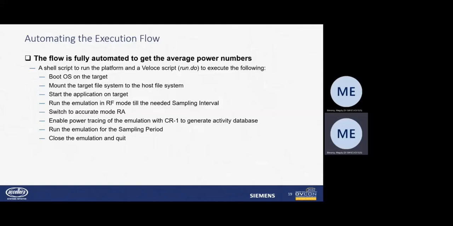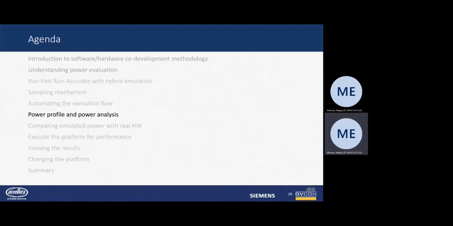It's a huge database, in the order of gigabytes. Then it quits and closes the emulation. Everything is done automatically, without any interference from the user. The flow is completely automated, and it gives you the database you need to determine the power.